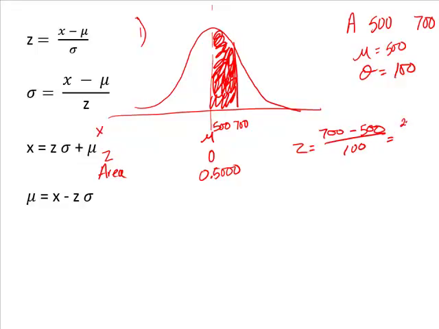Math tells me that 200 divided by 100 is 2. So this z-score here is a 2. I need to do what now? I need my chart. Crap, I don't have my chart up. So I'm going to rely on you guys to tell me what a z-score of 2.00 becomes.